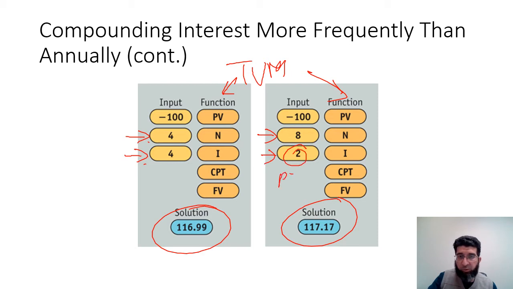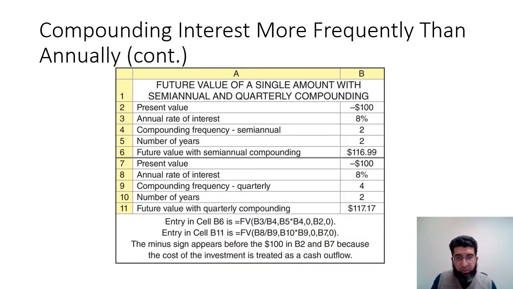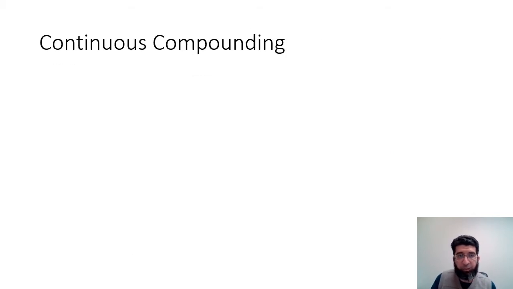This is per quarter and this is per semi-annual. The same you can do with Excel. You can see that these are the inputs, these are the formulas that can help you to calculate the values, 116 for semi-annual and 117 for quarterly compounding.